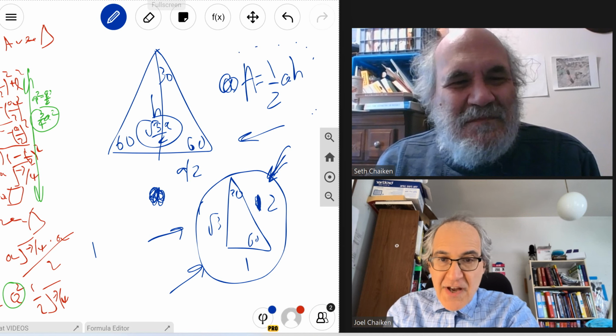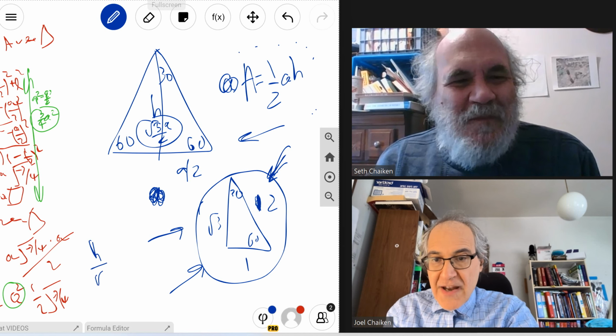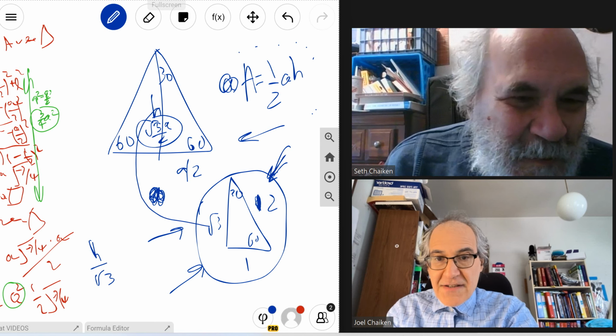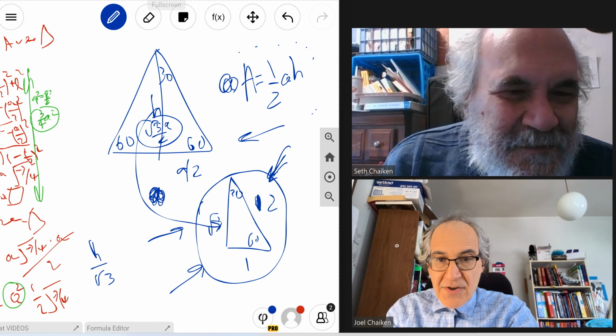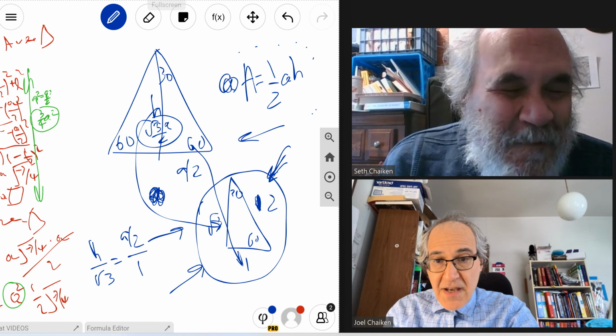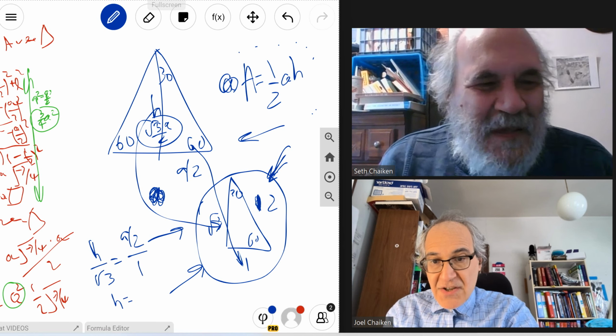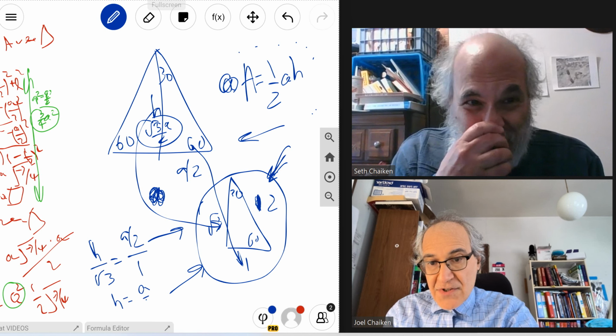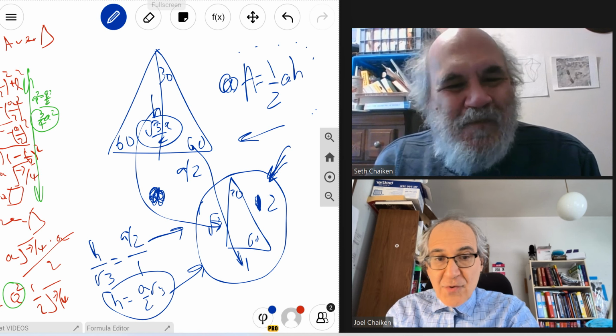But if you do similar triangles, it's H over radical 3 equals A over 2 over 1. These two guys are similar. Then you solve for H, and you see H is A over 2 radical 3.